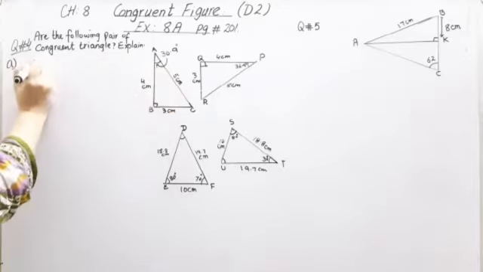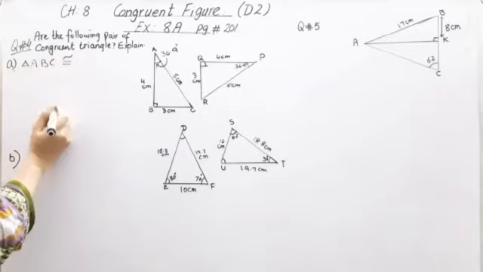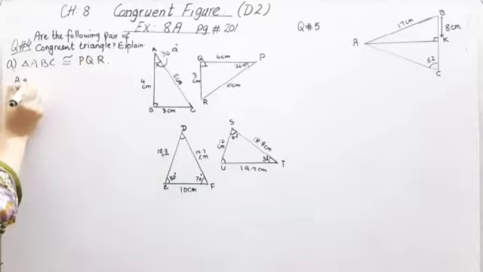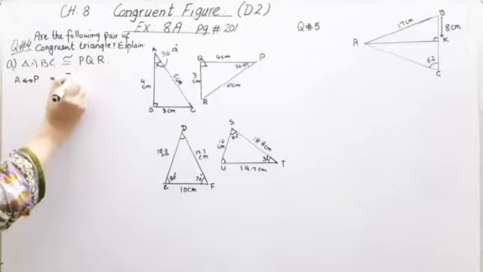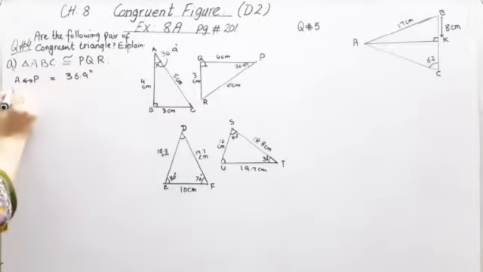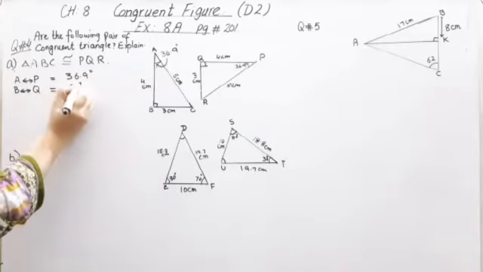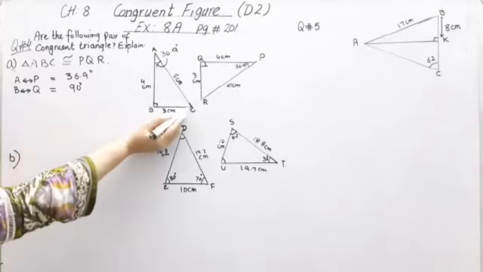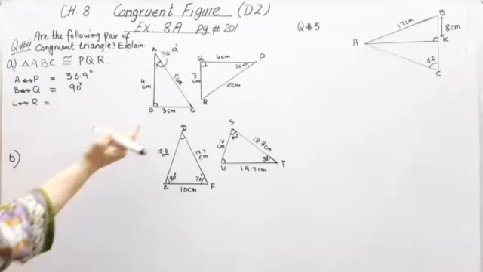Now I say ABC is congruent to PQR, because A corresponds to P. Both are 36.9 degrees. B corresponds to Q. Both are 90 degrees. And the third one is C. C corresponds to R. We don't know the angle.